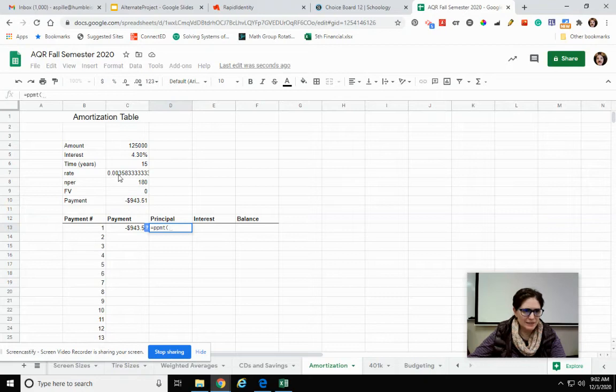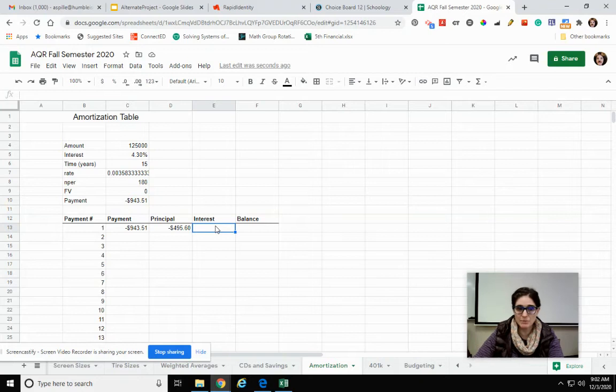So rate, comma, this one, comma, this one, comma, payment, comma, future value, I think. But of this, only 495 is actually going to my mortgage.